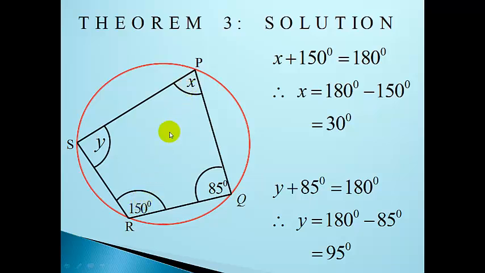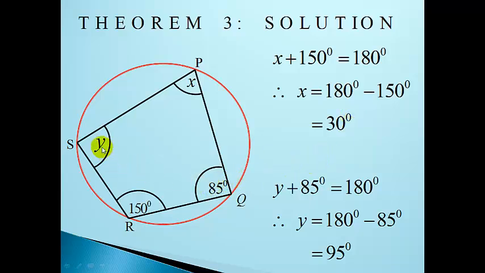That means that X plus 150 degrees is equal to 180 degrees. So if X plus 150 degrees is equal to 180 degrees and we are solving for X, it means that we are grouping all the angles on the right hand side. So plus 150 degrees on the left hand side becomes minus 150 degrees on the right hand side. And X is equal to 180 degrees minus 150 degrees. Now when we subtract 150 degrees from 180 degrees, the answer is 30 degrees.